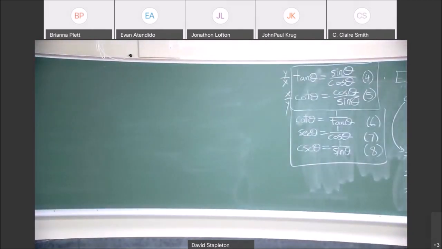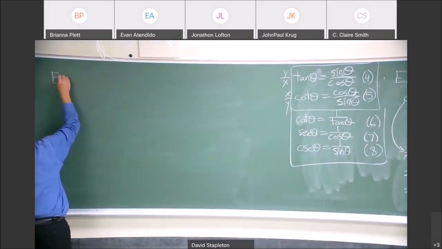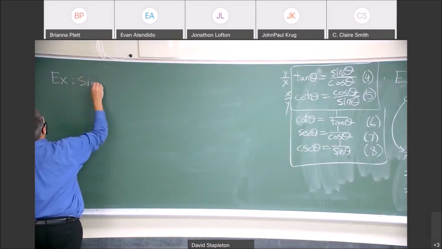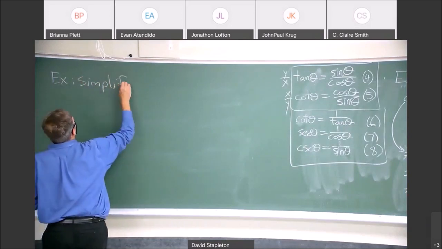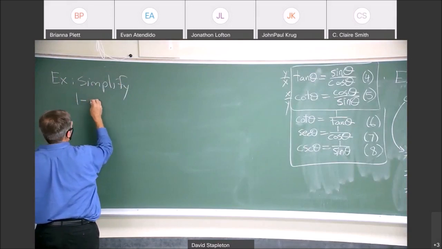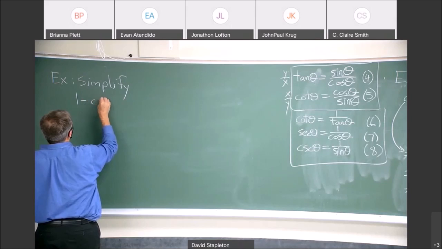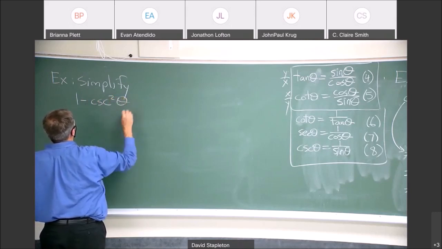Okay, now, how about this one? Suppose I said simplify 1 minus cosecant squared theta. How about that one?